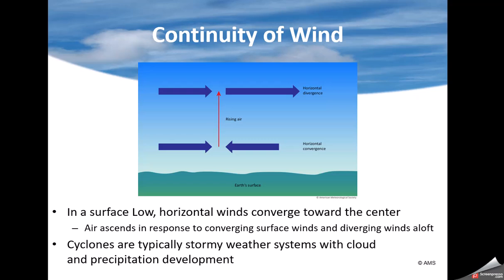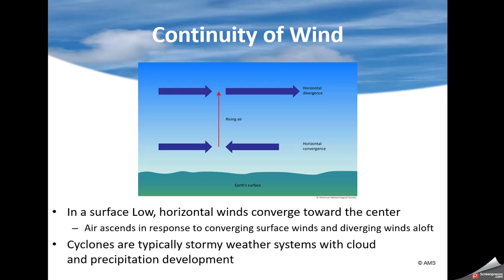Oh yeah, we learned that rising air causes temperatures to cool faster and we get more precipitation that way. So understanding this concept: horizontal convergence at the ground pushes air up, divergence aloft pushes it apart. Convergence aloft pushes air down. Divergence at the ground pushes air apart at the ground.